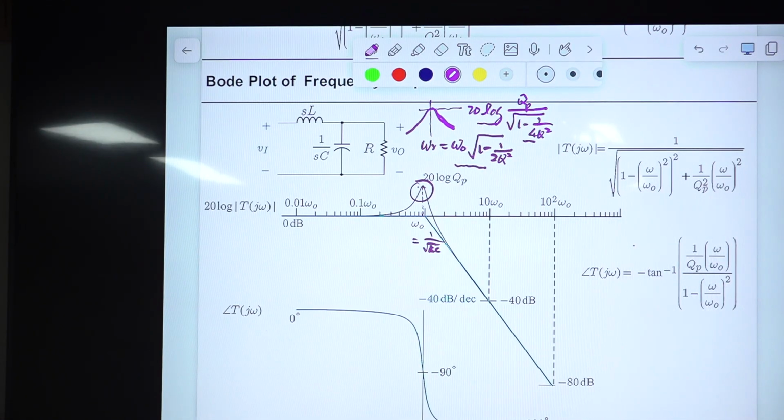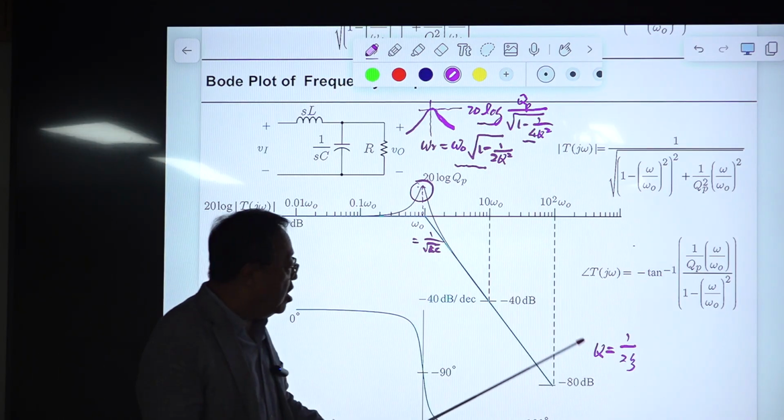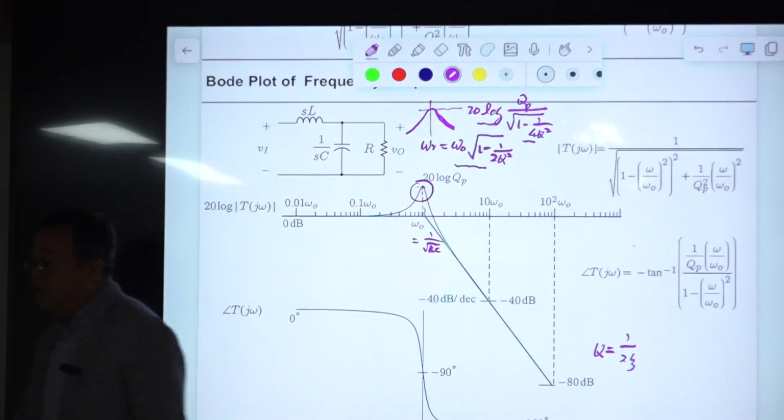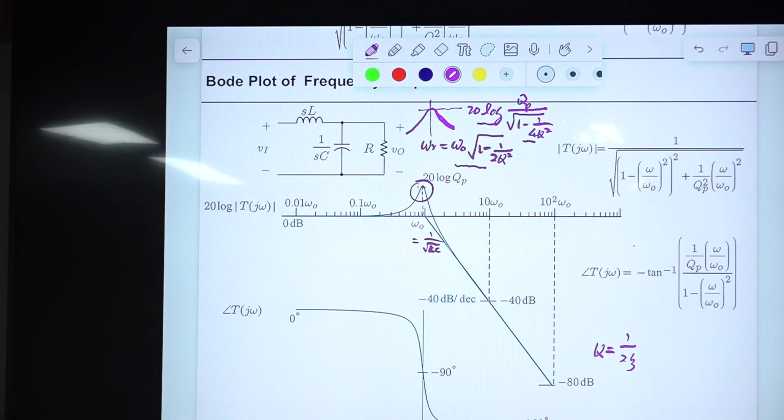So this is one thing I want to emphasize. Another is that there is a relationship between this Q, the quality factor, and 1 divided by 2 zeta. Zeta is the damping ratio. This is the damping ratio, and this is the quality factor, and the relationship is written in this manner.